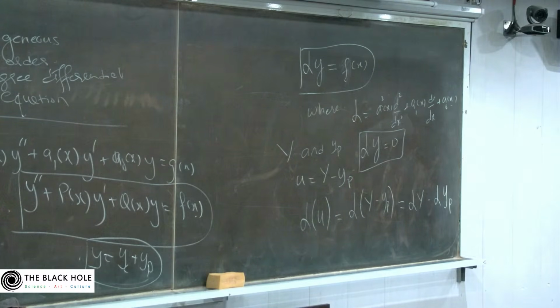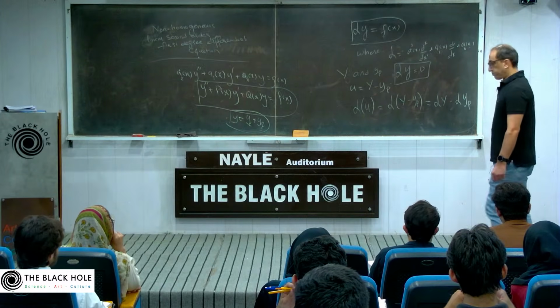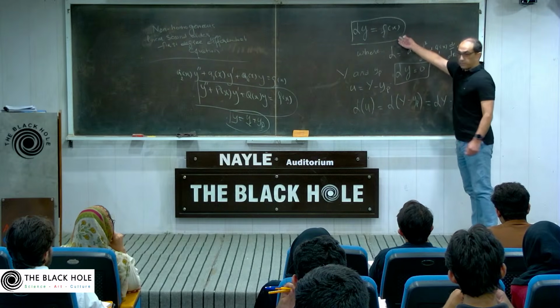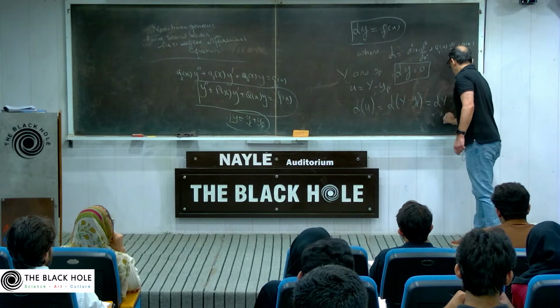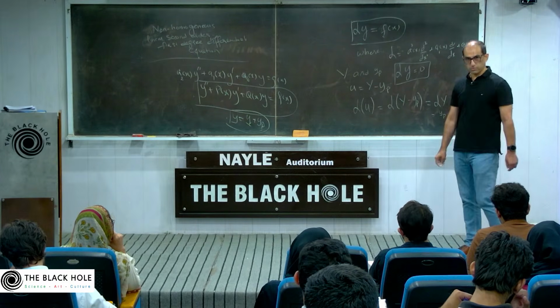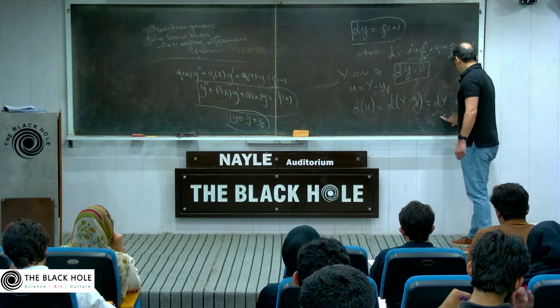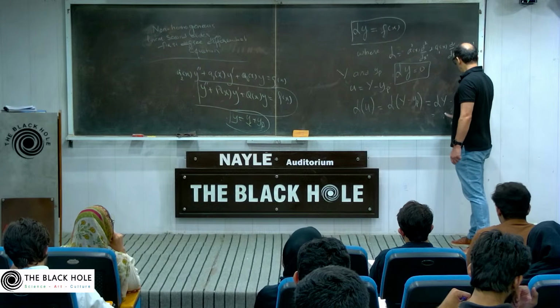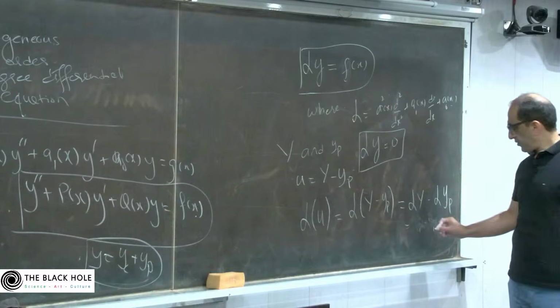So both are the solutions of this equation. So this will be f of x minus f of x, and this is equal to 0.